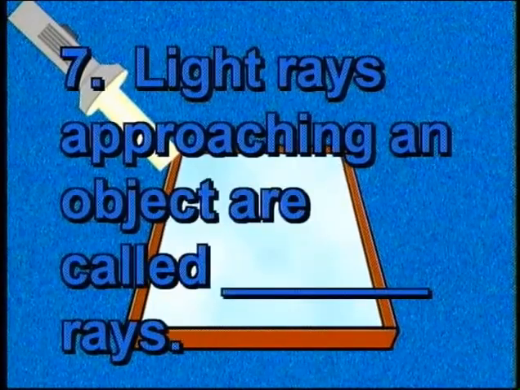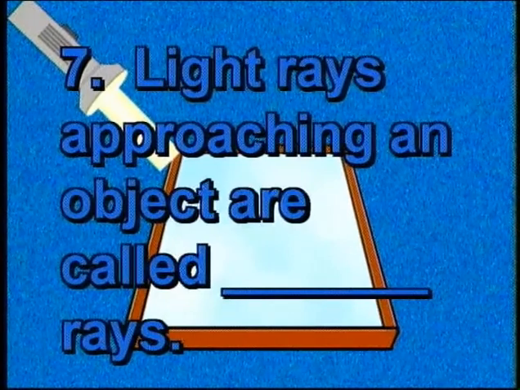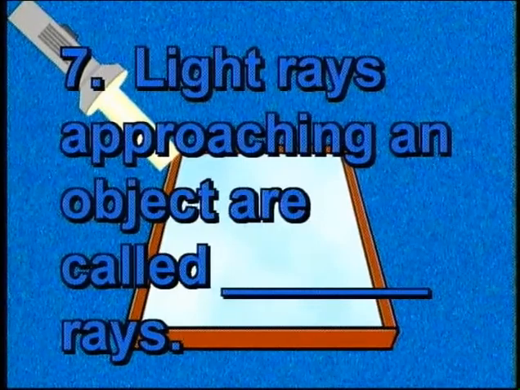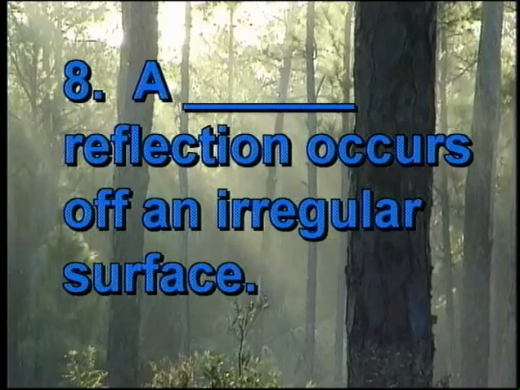Number 7, light rays approaching an object are called rays. Number 8, a reflection occurs off an irregular surface.